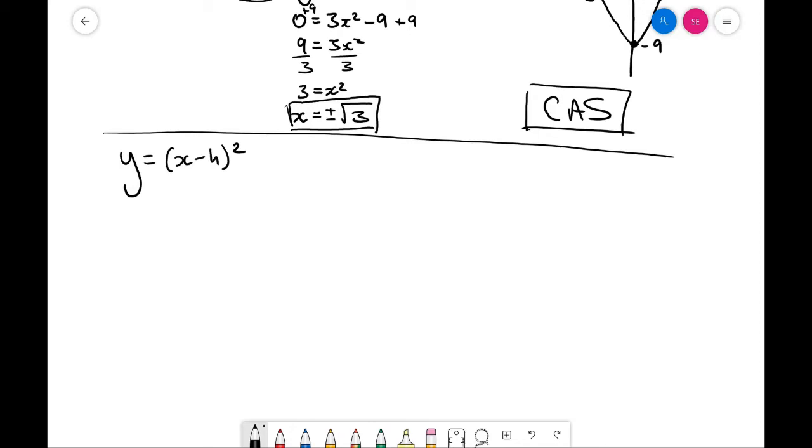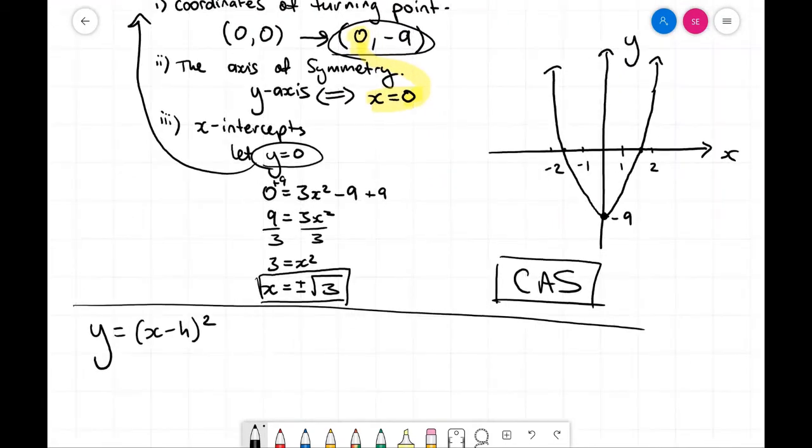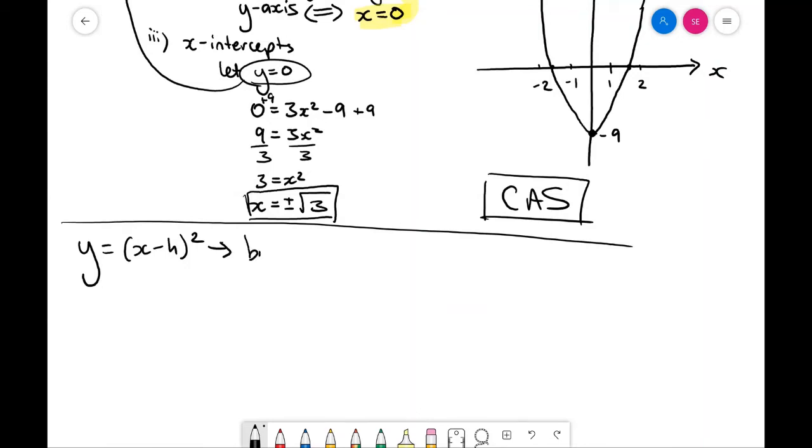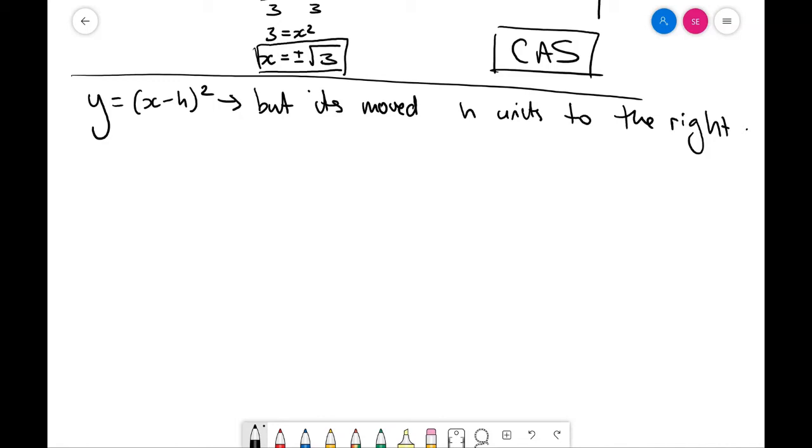What that is, it's the same as our regular parabola, except it's moved h units to the right. It doesn't change the shape of the curve, it just changes its position.